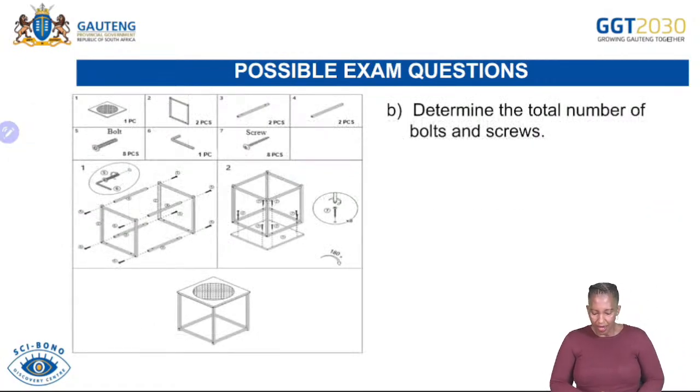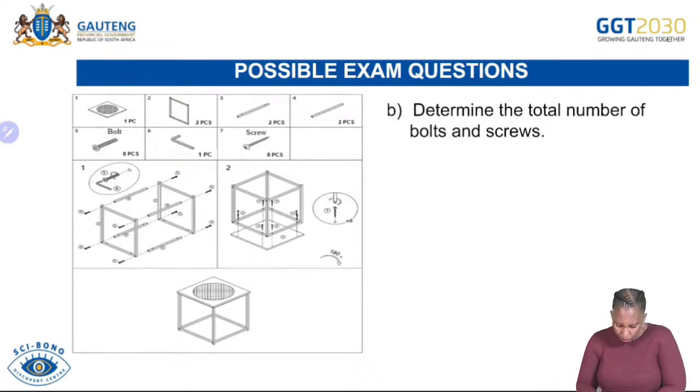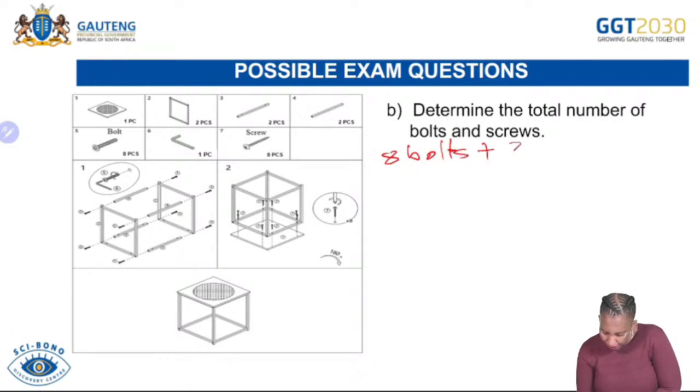Now the next question: determine the total number of bolts and screws. Now, how many bolts and screws do we have? We've got 8 bolts plus 8 screws.